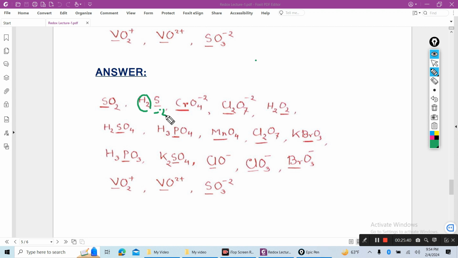Or you can find X, sulfur equal X, then you can calculate as before. Now here chromate ion, 4 oxygen, so 4 times minus 2 is -8, there are 2 minus here, so if you subtract it, you will get -6, so chromium will be +6.